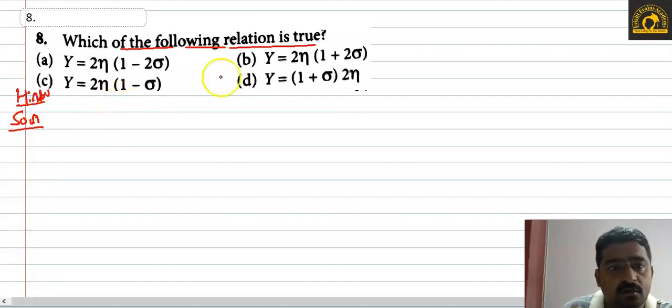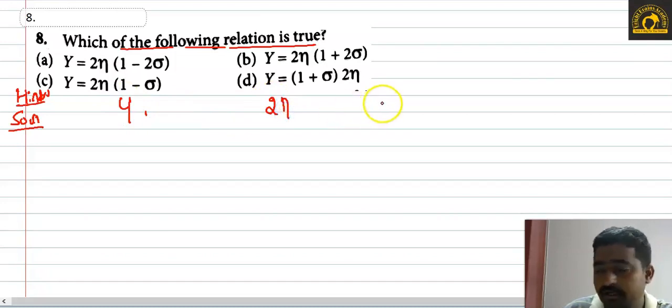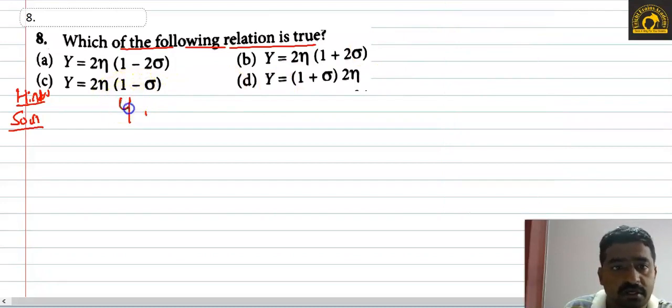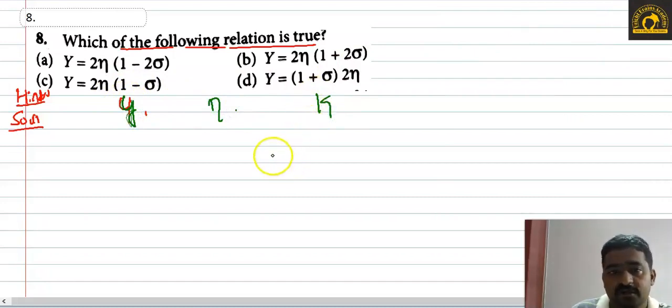The relation is between Young's modulus, 2 eta and 3k. This is Young's modulus, this is eta and this is k. Now how to remember this complicated equation?